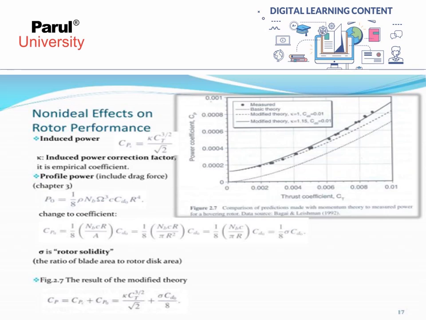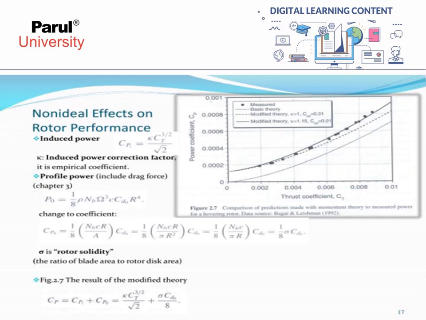Now the figure is the result of the modified theory. Cp is equal to Cpi plus Cp naught, which is equal to K into Ct to the power 3/2 upon root 2 plus sigma Cd naught by 8. It means the total power coefficient is nothing but the induced power coefficient plus the profile power coefficient. Right?